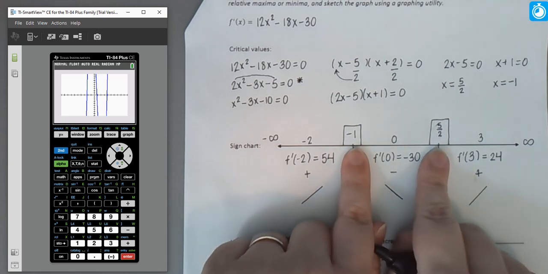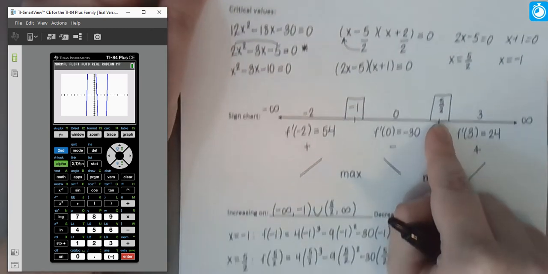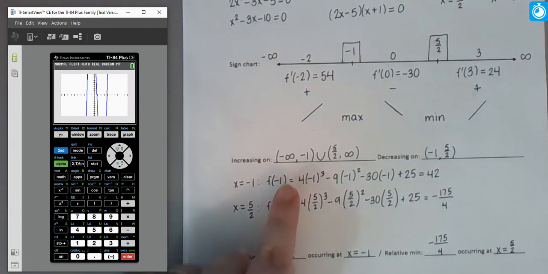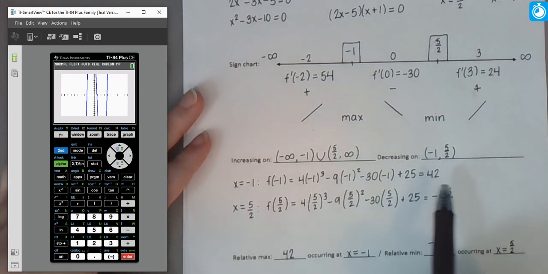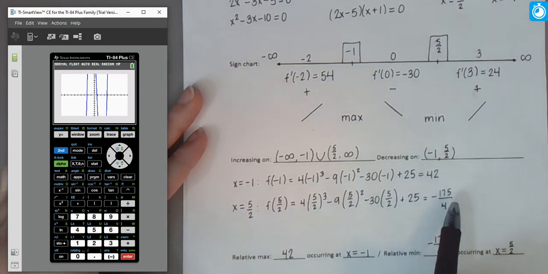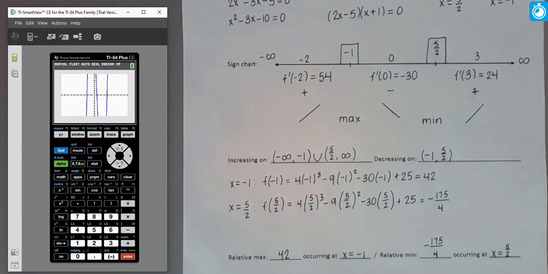They represent the locations for the maximum and minimum values. So by plugging these values into our actual function, we find the relative maximum, the highest value, and then the relative minimum, the lowest relative value, in relation to all of the points around that location.